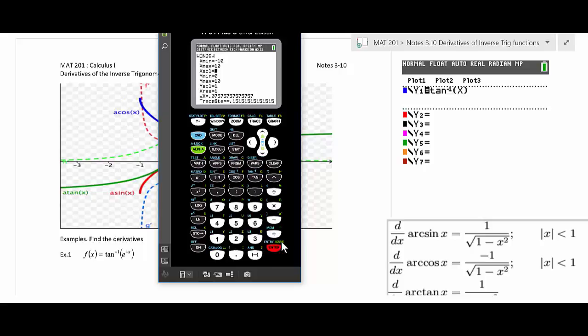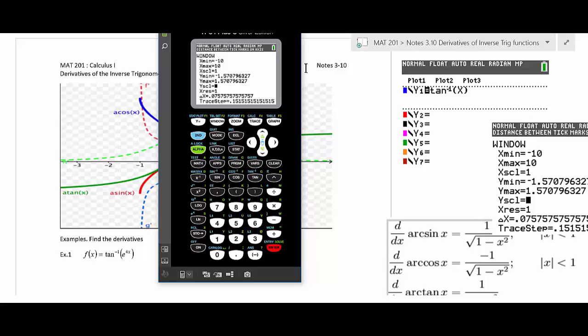And then for the x minimum, what I want you to do is go from -pi over 2, and that's going to change that to decimals, like that, and then go to pi over 2, like that. All right, now I'll slide that over here so you can refer to that if you need to. So that's the window. And then go ahead and do the graph.